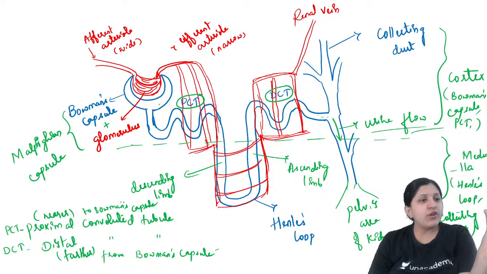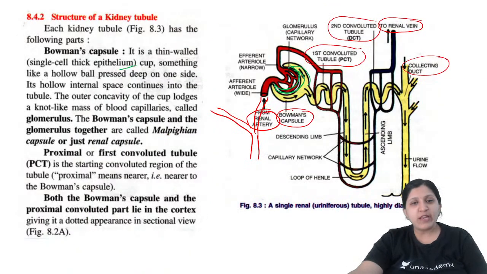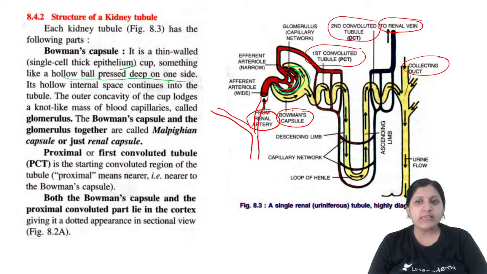It need not be at a side angle only, any angle you can draw it, not a problem. It is cup shaped, like a hollow ball pressed deep down on one side. Its hollow internal space continues into the tubule.